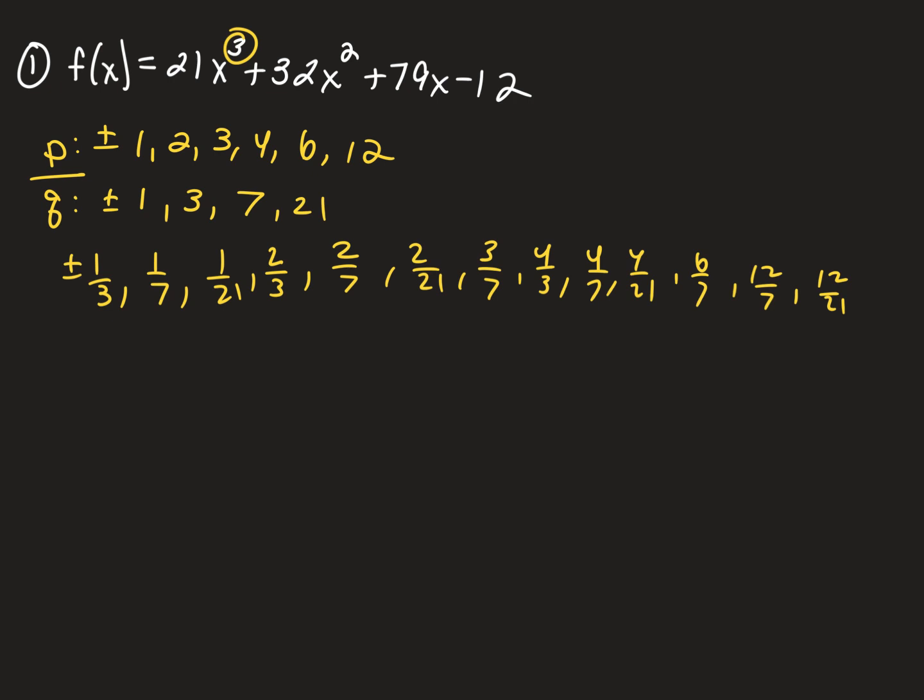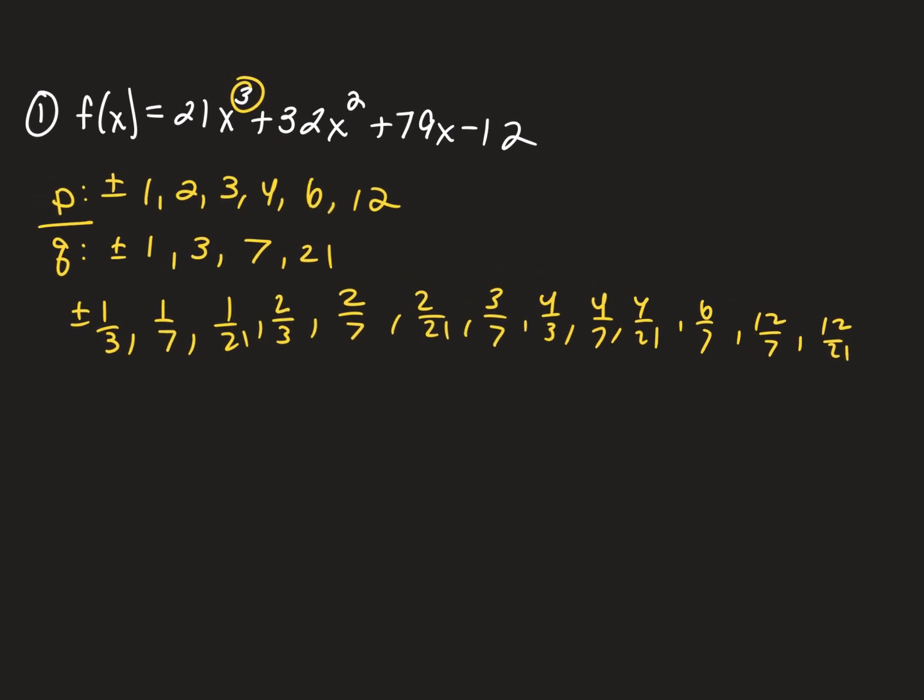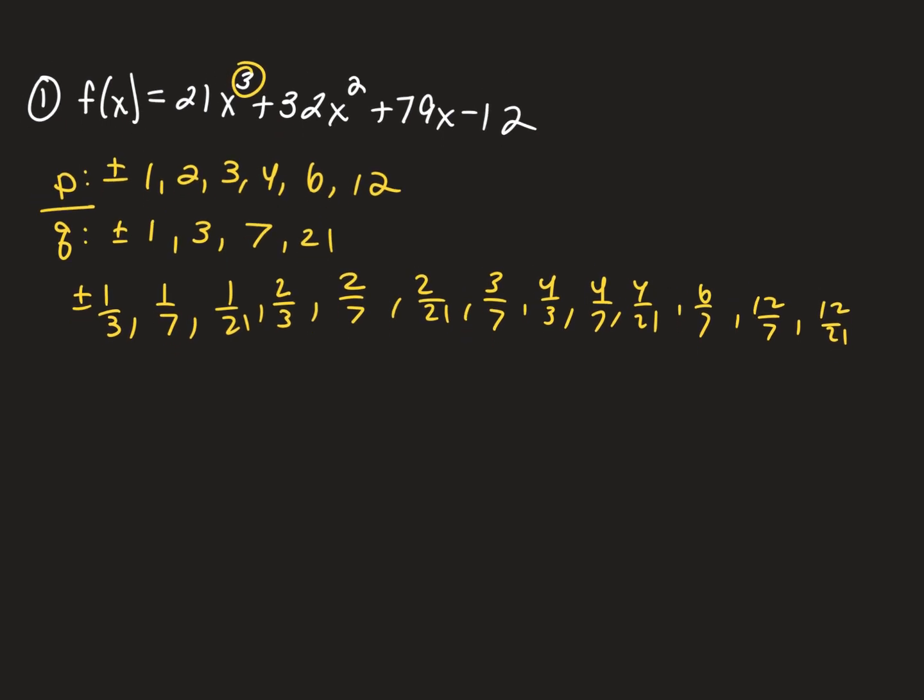So let's go to our y values. We're going to throw this in our calculator. So 21x raised to the 3rd power. Then scoot over, plus 32x squared. I forgot to put plus, hold on. Plus 32x squared. Scoot over, plus 79x.